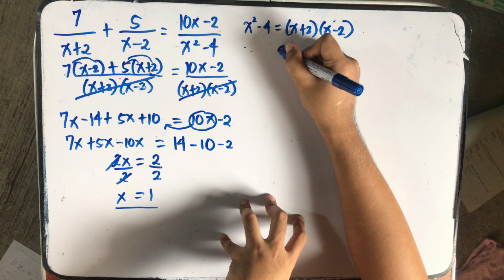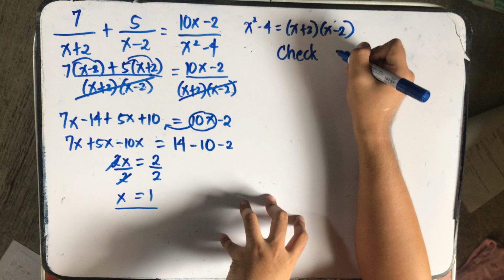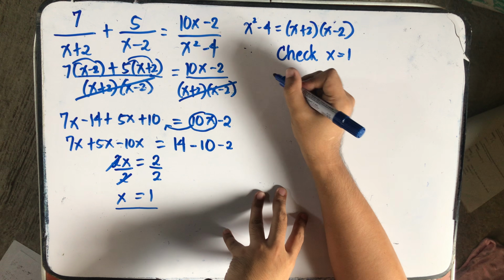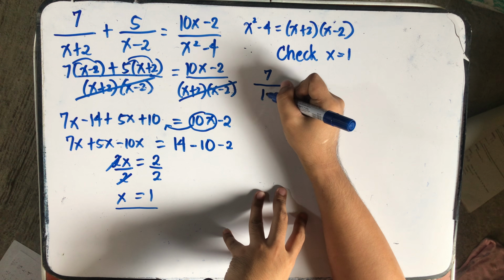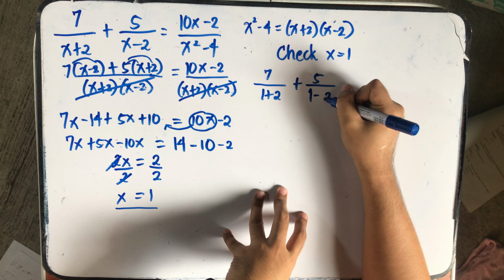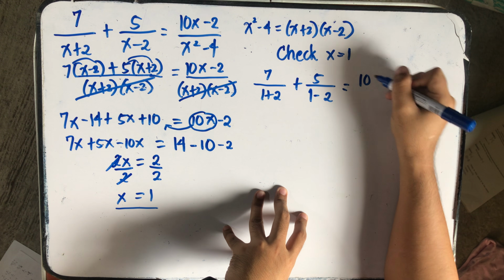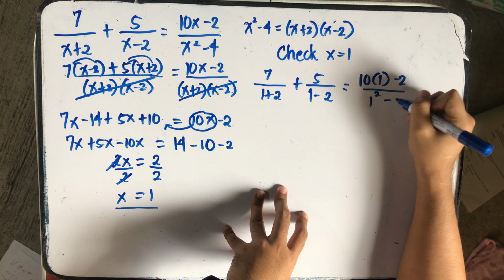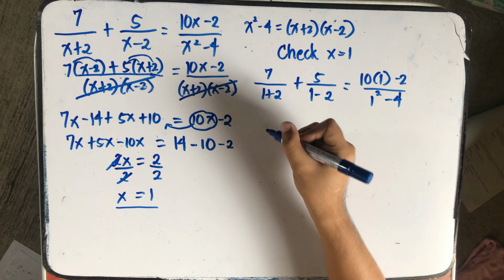So let us now try to check if x is equal to 1 is a solution. Therefore, that is 7 over 1 plus 2 plus 5 over 1 minus 2 is equal to 10 times 1 minus 2 over 1 squared minus 4.